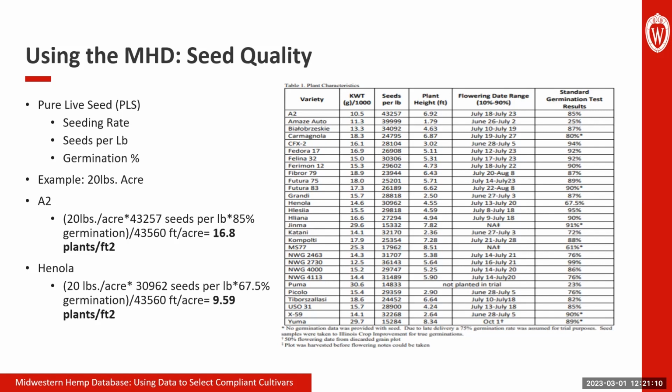It's going to change a lot based off of the seed quality. And so we can course correct in our trials for poor seed quality by looking at this targeted pure live seed population density. So this is one of the things I really like to push growers who are growing hemp to look at, to see how these are going to factor into their management decisions.